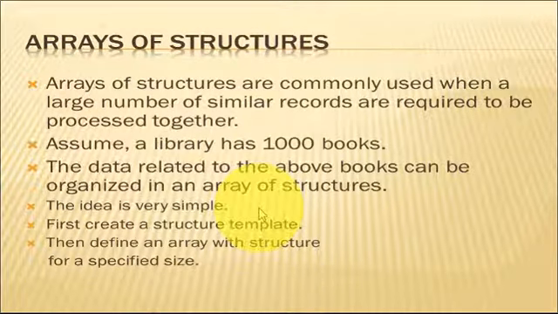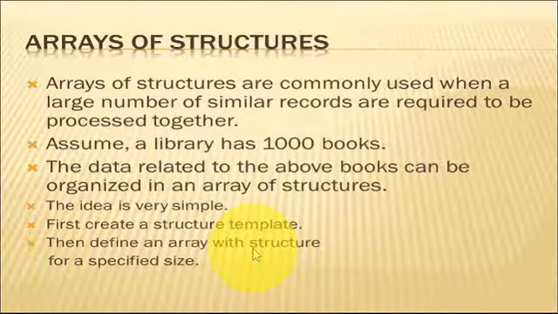Next, array of structures. Previously we discussed, for example, struct point p1. Suppose you want one more structure variable, struct point p1, p2, then p1, p2, p3, likewise. Suppose you want to collect 100 structure variables, we can't declare that many, so we go for an array of structures.